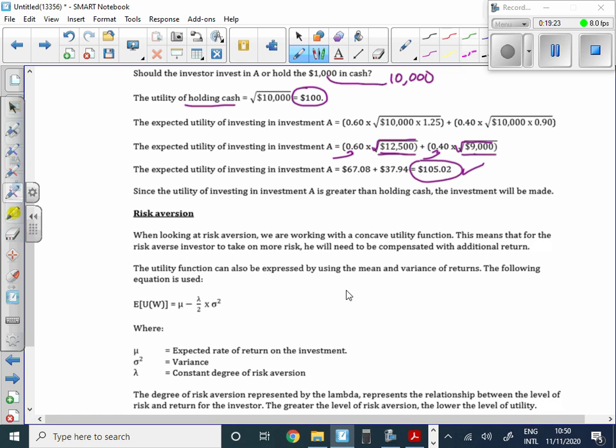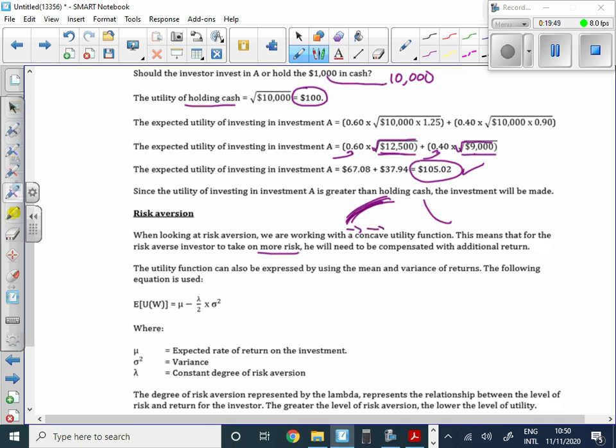Looking at risk aversion, we work with a concave utility function. Convex would be that way, concave would be going that way. What does that mean? That the risk averse investor, in compensation for taking on more and more risk, as the risk levels increase and increase, what happens?